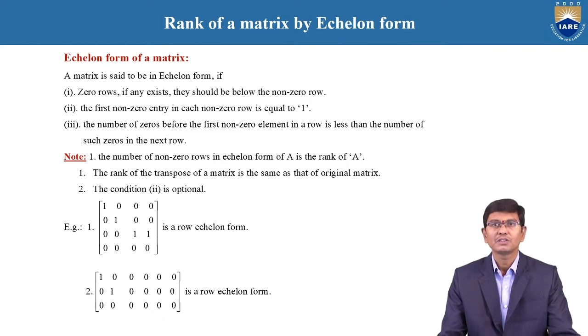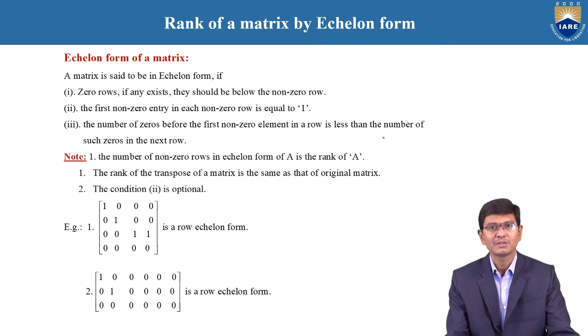First, the number of non-zero rows in the echelon form of a matrix is said to be the rank of the matrix. Whenever the given matrix satisfies the echelon form, the number of non-zero rows in the echelon form is equal to the rank.